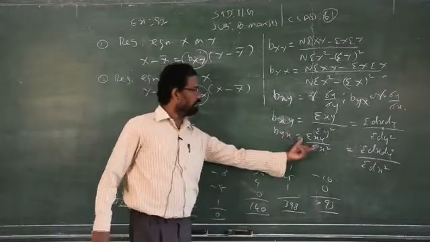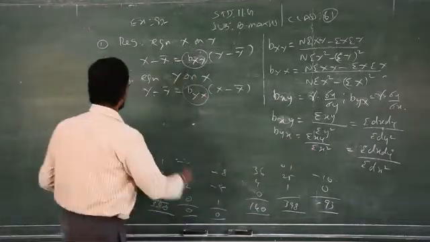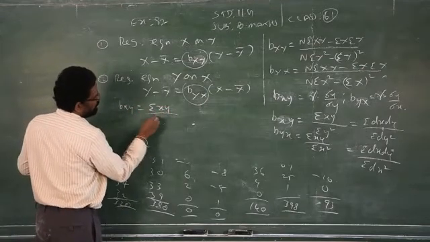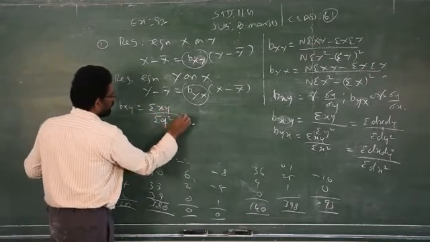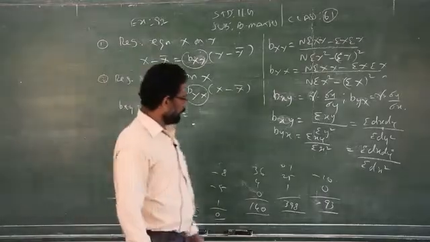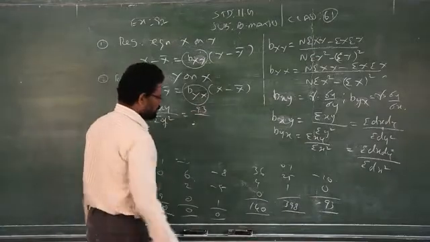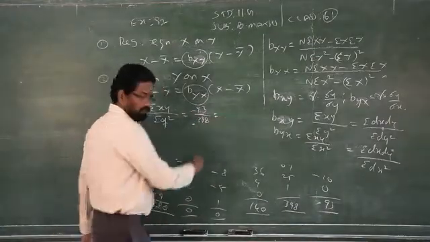Therefore I can take the last one, bxy. First you have to find out bxy. The formula is summation xy by summation y square. What is your summation xy? Summation xy is minus 93 by summation y square is 398.